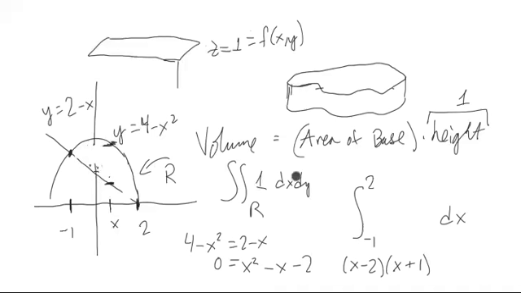So they're going to go from 2 minus x, because that's the y value right there, all the way up to 4 minus x squared. It's the y value up there for that particular x value. And that'll be a dy integral, and our function is 1. Okay, so we've just set up a double integral to compute the area.